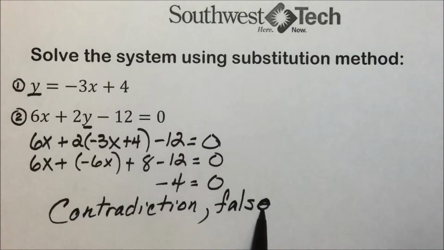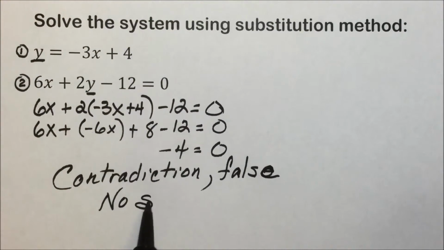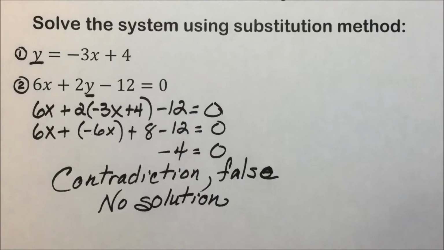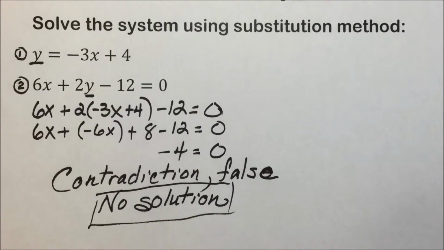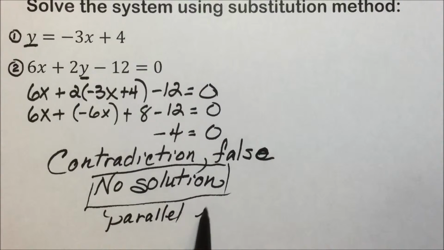What that means is that we have no solution. And if we graphed these two lines, we would find that they graph into parallel lines with no intersection. So to answer this, we would say no solution, and to help understand that, we would find that they are in fact parallel lines.